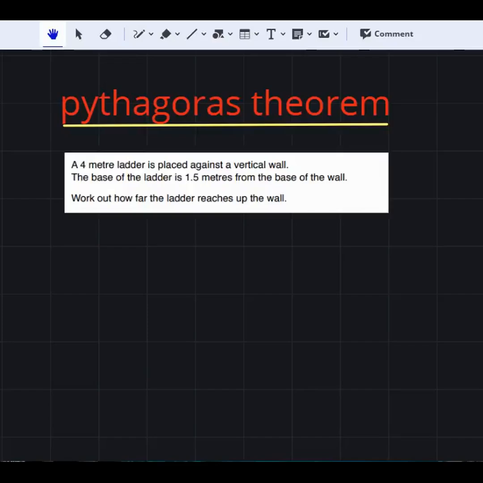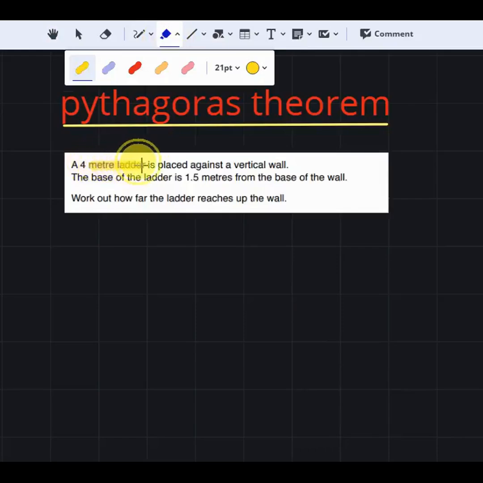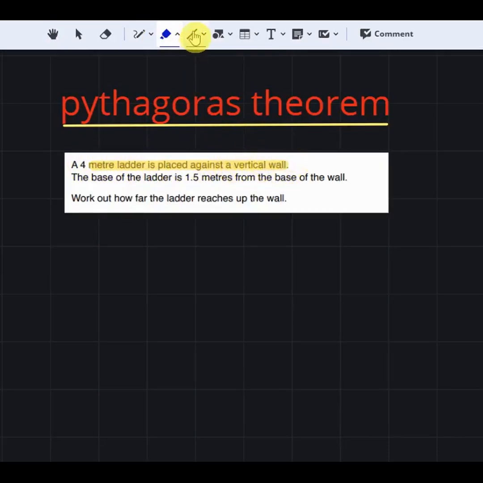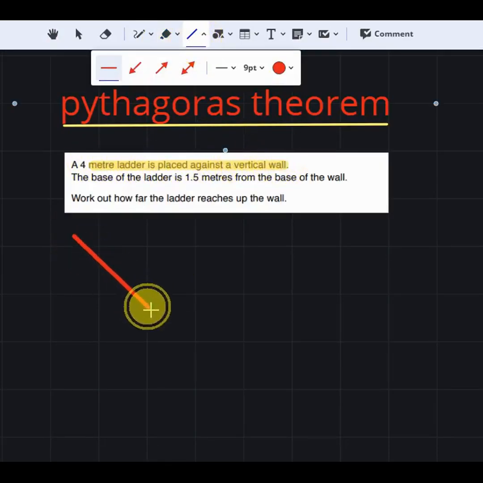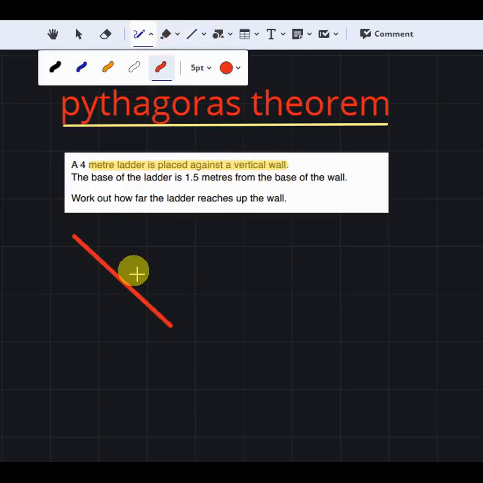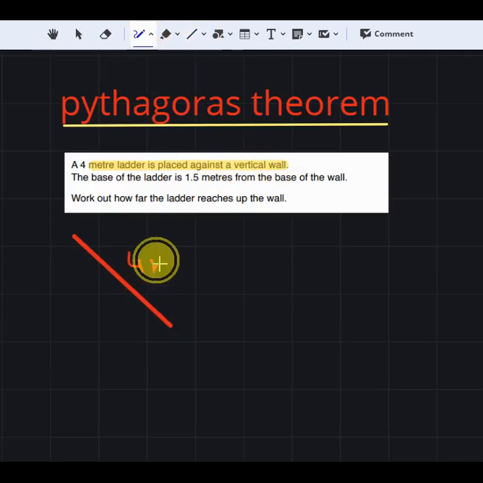Now I will explain how to solve a word problem by using Pythagoras theorem. It says a 4-meter ladder is placed against a vertical wall. So this is the ladder we have, which is 4 meters. It says the base of the ladder is 1.5 meters from the base of the wall.